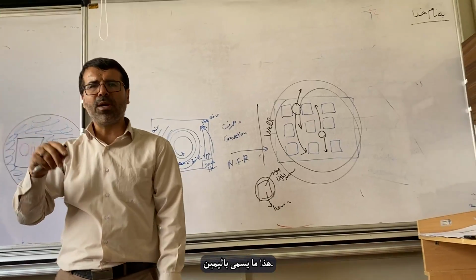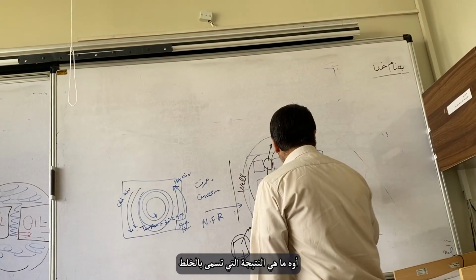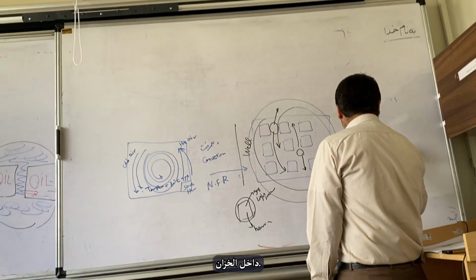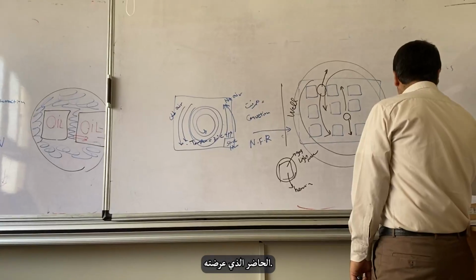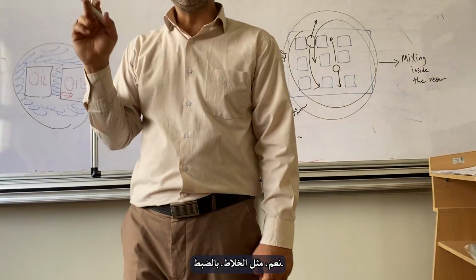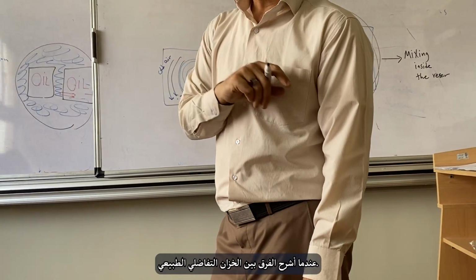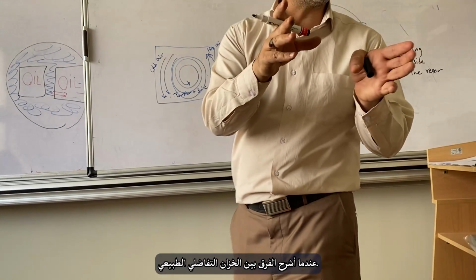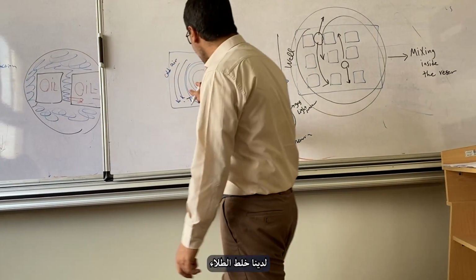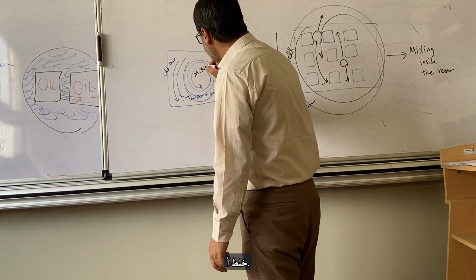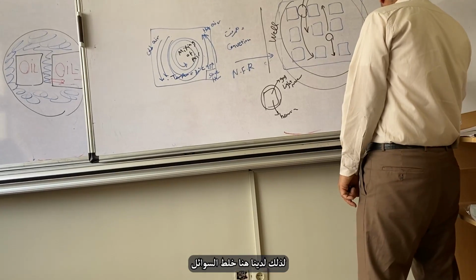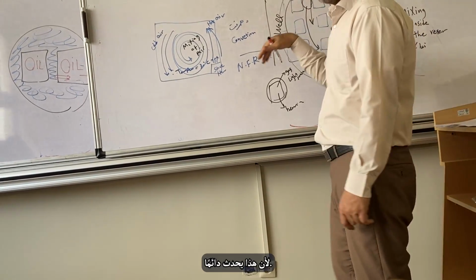This is convection. And what is the result of that? It's called mixing inside the reservoir. I explained this before, like a mixer, when I explained the difference between the naturally fractured reservoir and the ordinary reservoir. So we have mixing of fluids, because this always happens.